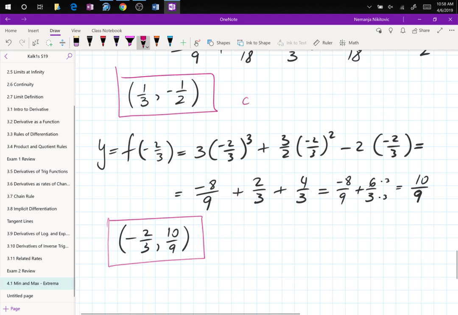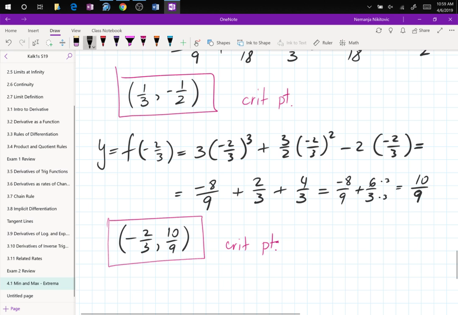So these are the critical points. Critical point and critical point. Now, if you know the rules of polynomials and graphs, you don't have to calculate left or right points, you immediately know what these are.